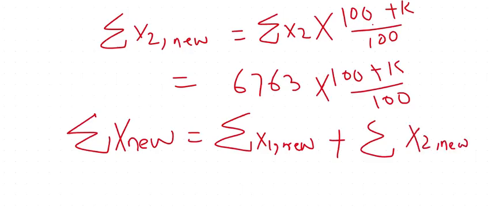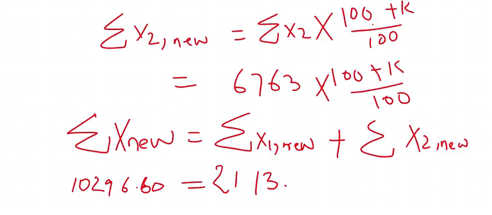We have x new as 10296.60, and summation x1 new, which is about 2113.38, plus this value, 6763 multiplied by 100 plus k, divided by 100.